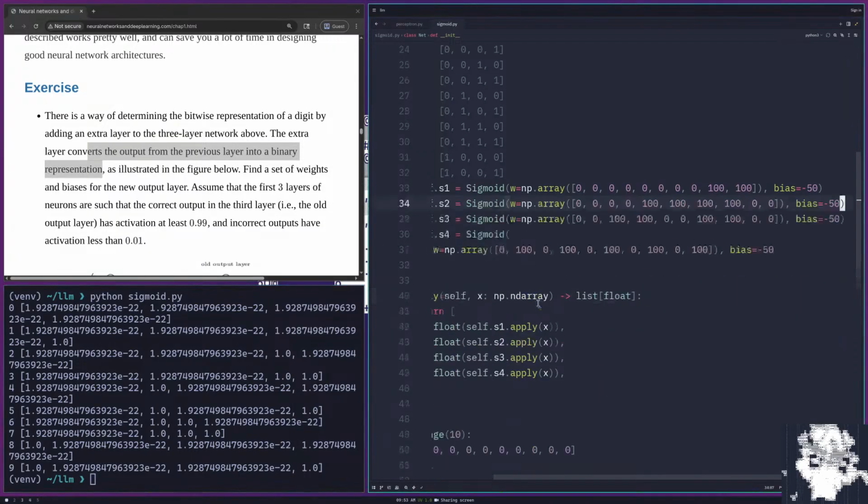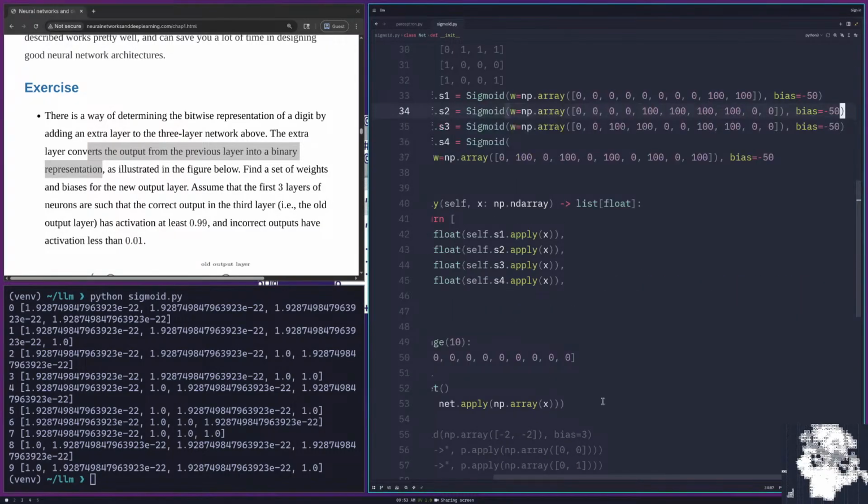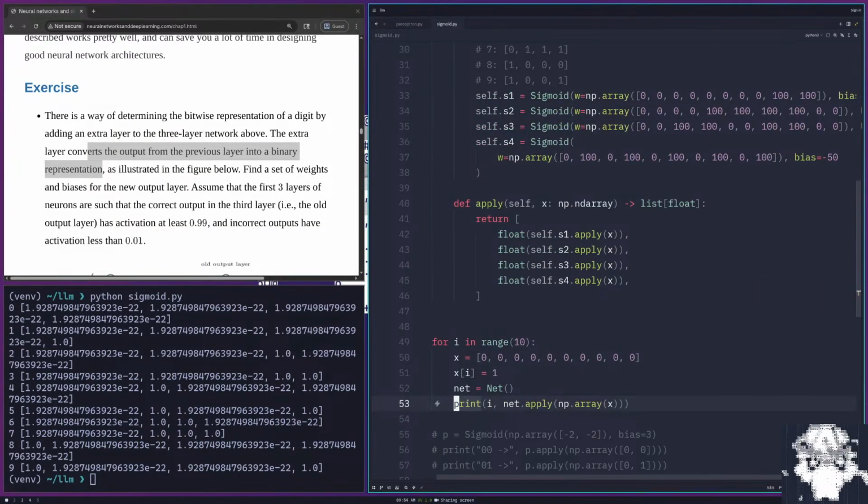Now it's a little hard to read, so instead of directly printing the output, result equals this.